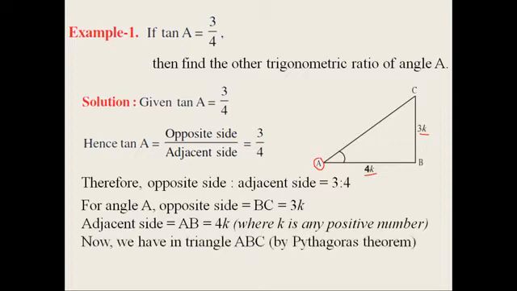Now in triangle ABC, by Pythagoras theorem, hypotenuse square is equal to adjacent square plus opposite square. So AC square is equal to AB square plus BC square. AC square is equal to 4k whole square plus 3k whole square.